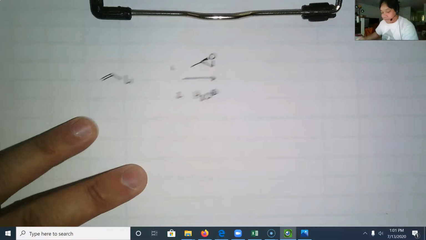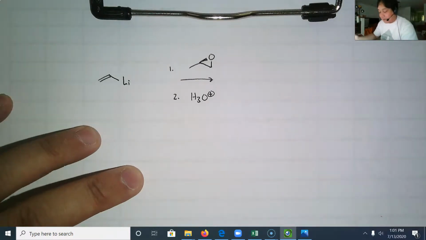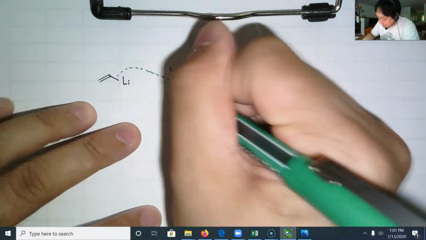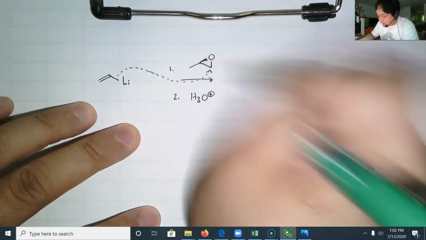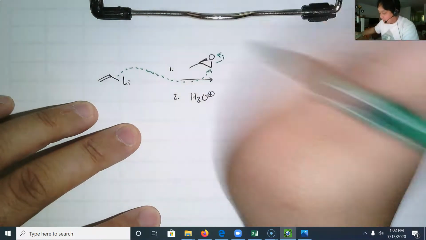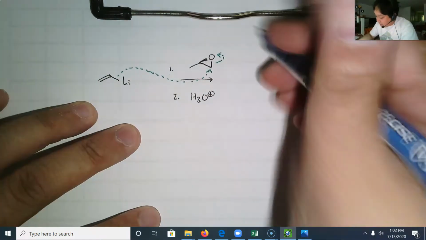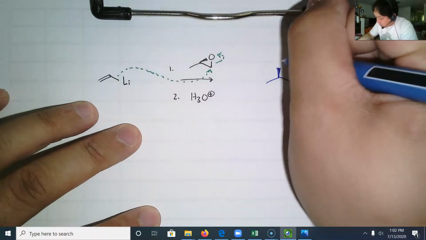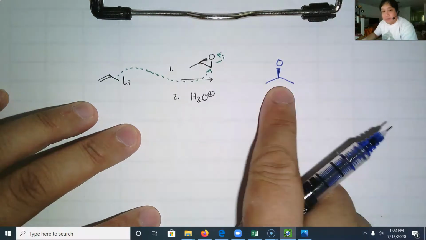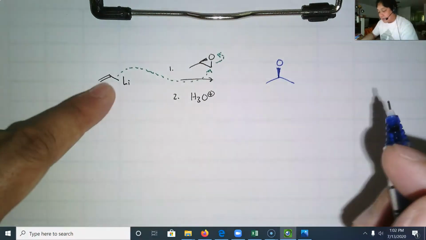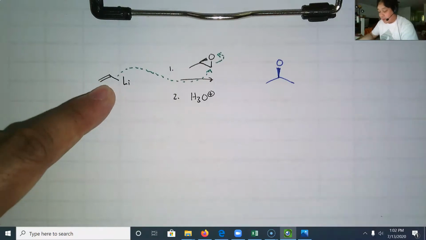Now, I may not have time to draw the mechanism, but I could show you a pseudo mechanism. I could pretend that this comes here to the left substituted carbon, and then I open up the ring. The product here would look like this. The ring opened up. Now, just be very careful because I can switch up the type of R group on the metal.